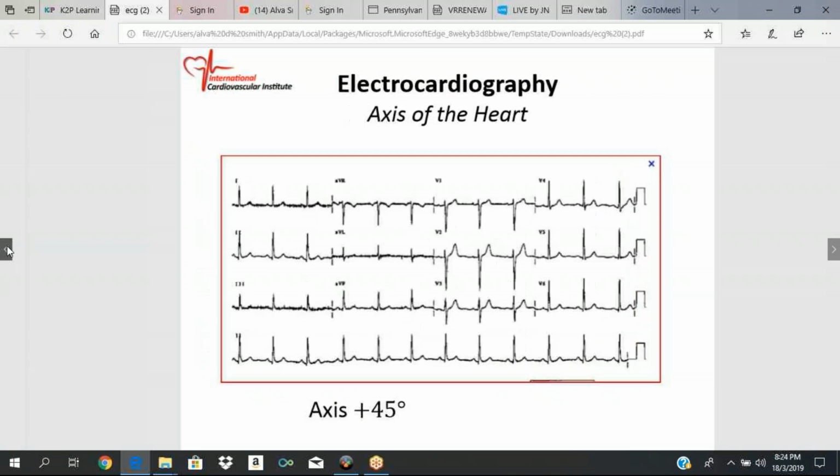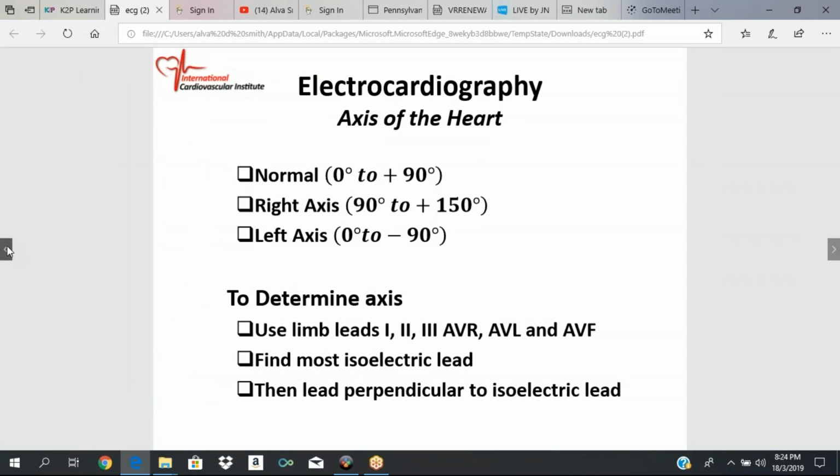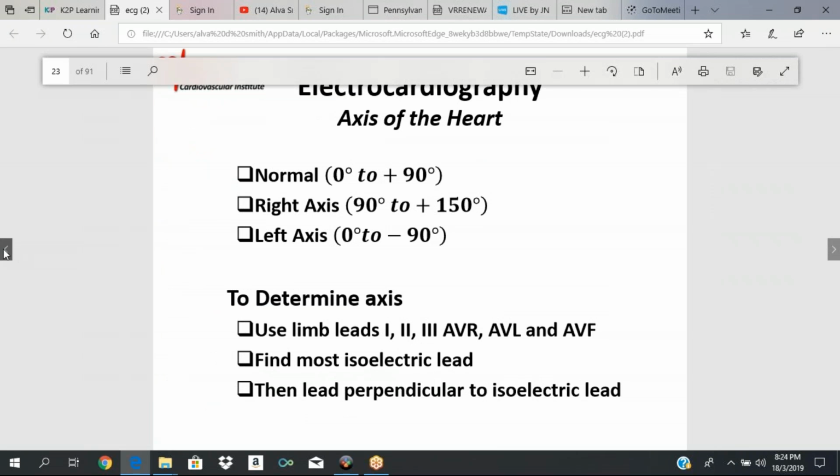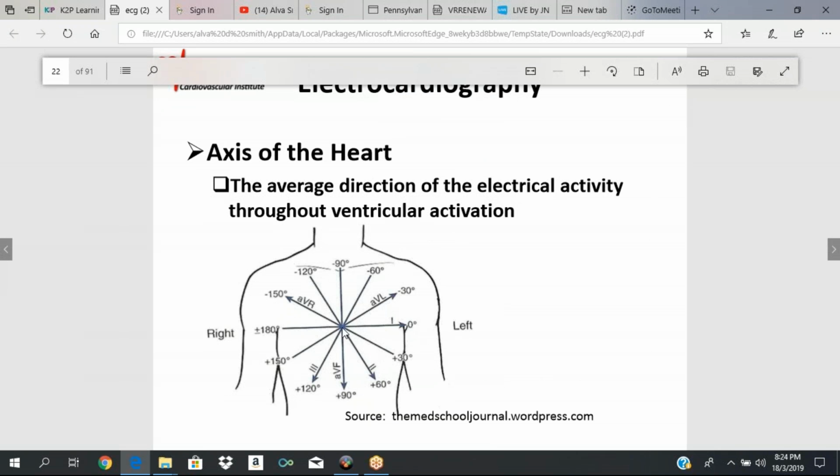You go back to your cheat sheet. This is lead 1. Perpendicular to lead 1, that's 90 degrees, is AVF. AVF is perpendicular to lead 1 because lead 1 is 0. Positive AVF is 90. Negative AVF is minus 90.